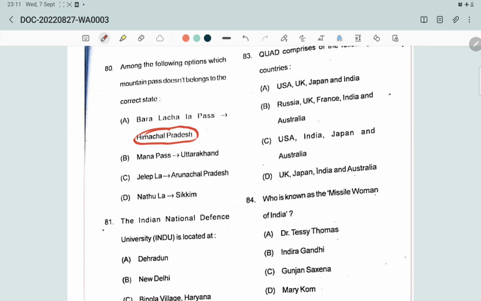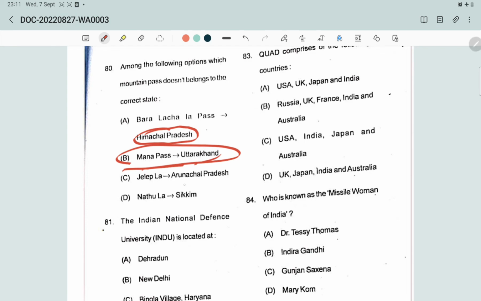And the Mana Pass is located within the Nanda Devi Biosphere Reserve in Uttarakhand, and it is also correctly matched. Jelep La is a high mountain pass between Sikkim state of India and Tibet Autonomous Region.